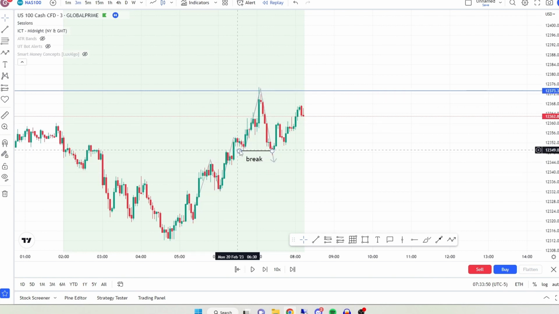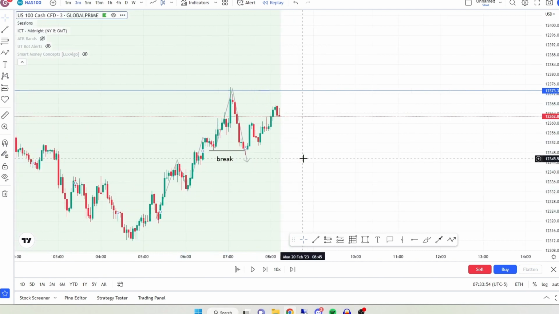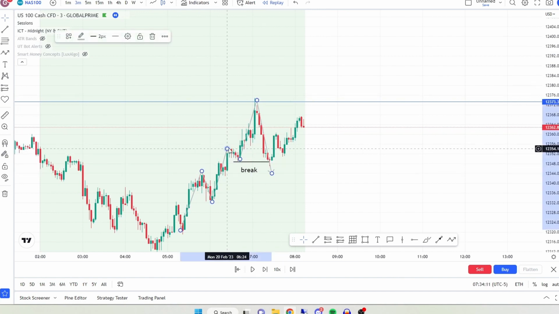Then it breaks the most recent higher low. Now, it's important that you make sure you mark out swing structure so you know where your break will come and where your entry will be valid. Because if you take it, for example, here, it may not be as valid as if you take it at the break of significant swing structure.